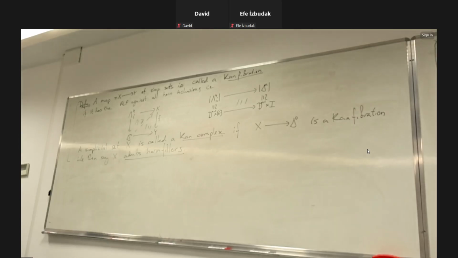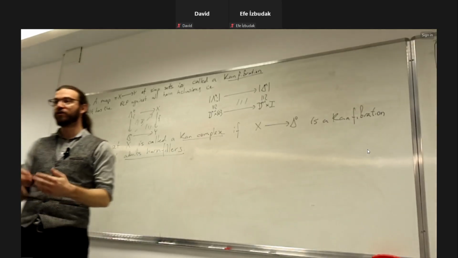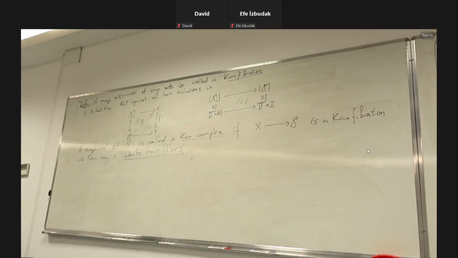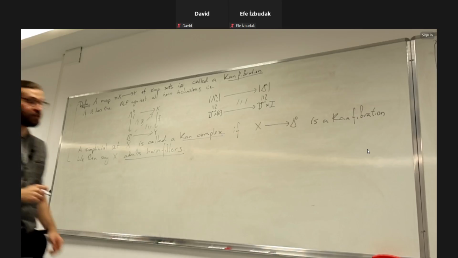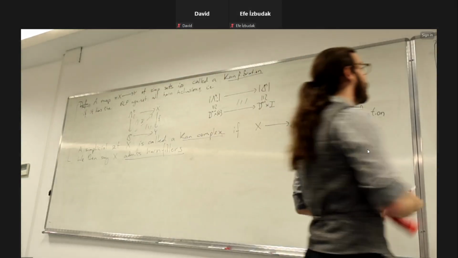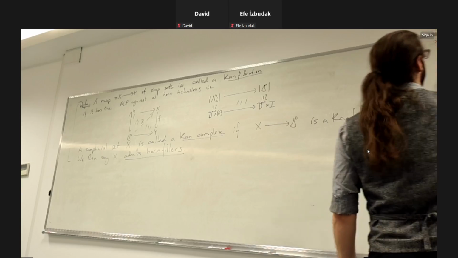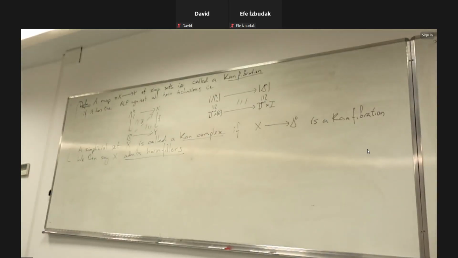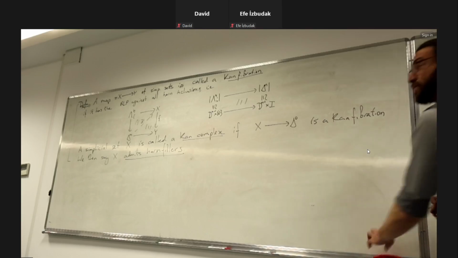So these concomplexes are going to be our good models for topological spaces. And the theorem which makes this apparent, I'm going to phrase in model categorical terms, and then I'm going to interpret it.